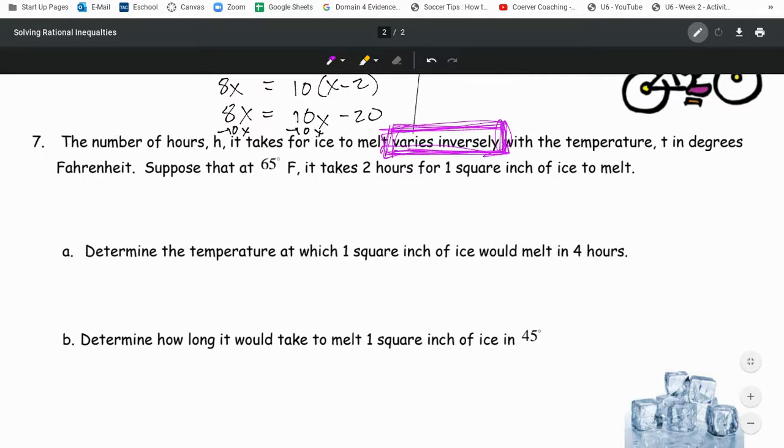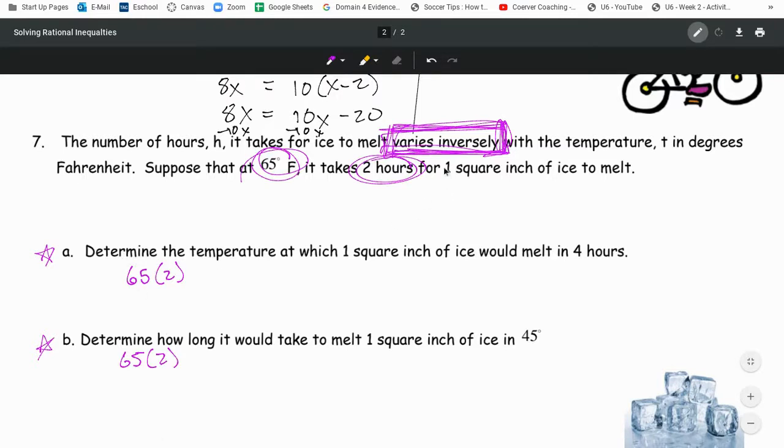So it says, suppose that at 65 degrees, it takes 2 hours. So I'm going to multiply 65 times 2. Okay, and I'm going to do this down here both times because I'm really trying to solve these. So I take 65 times 2, and then it gives me another value.